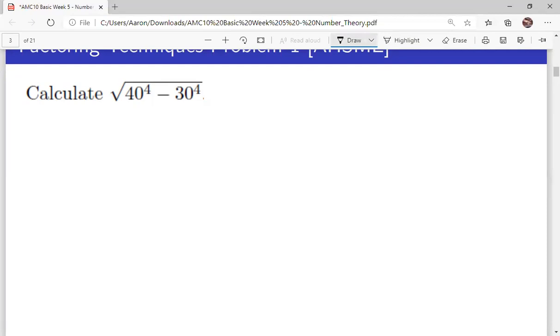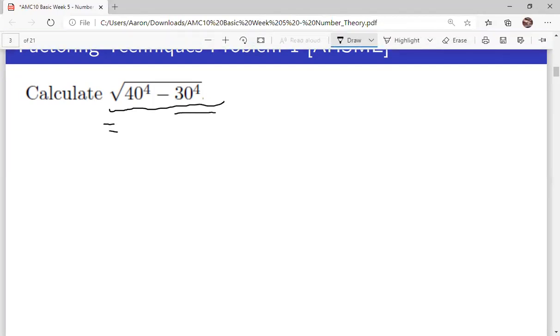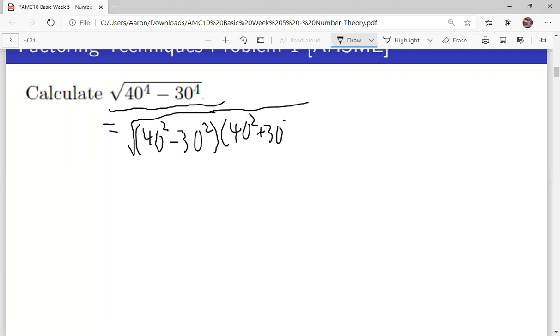So the problem wants you to find the value of the square root of 40 to the fourth minus 30 to the fourth. So first of all, you can see that this is clearly a difference of squares. And so this equals square root of (40 squared minus 30 squared) times (40 squared plus 30 squared).